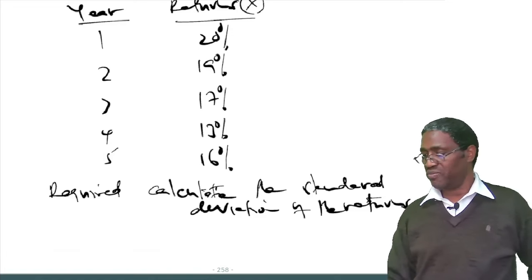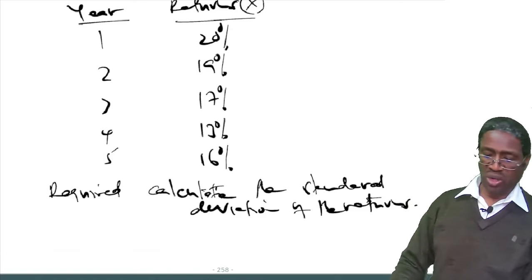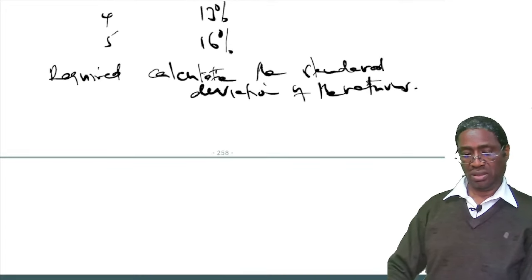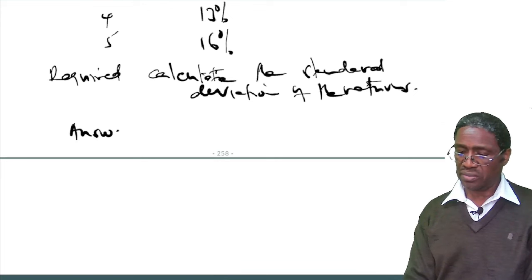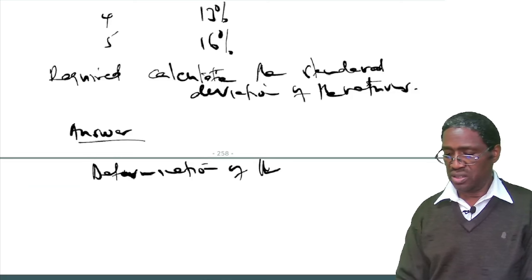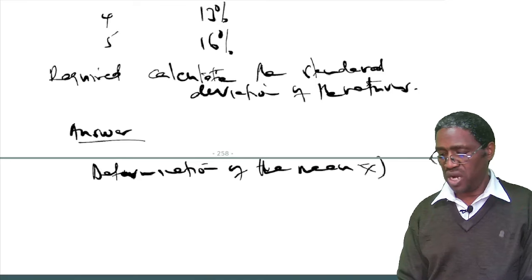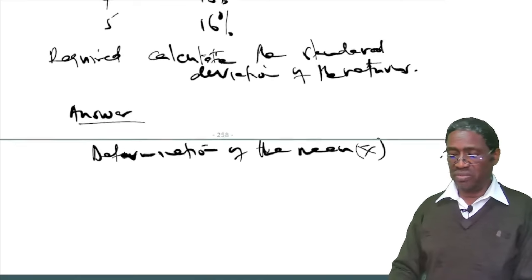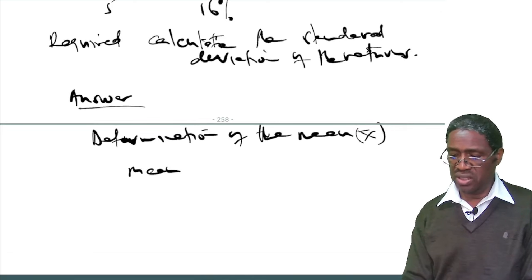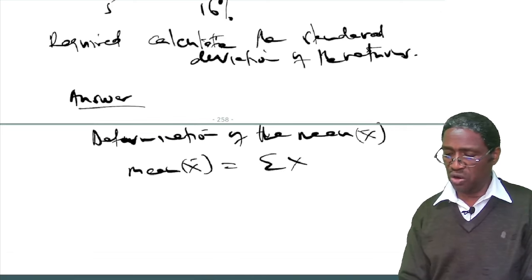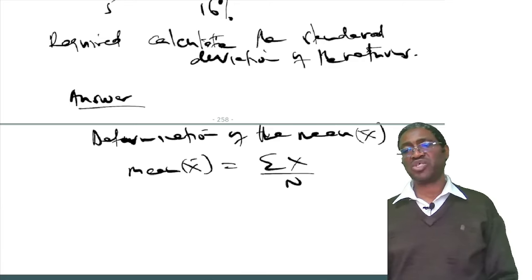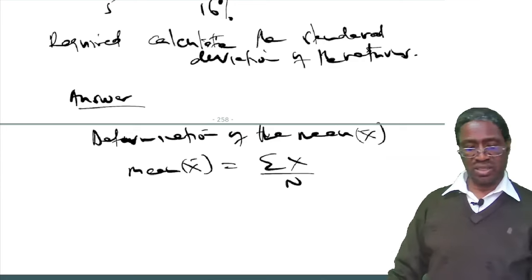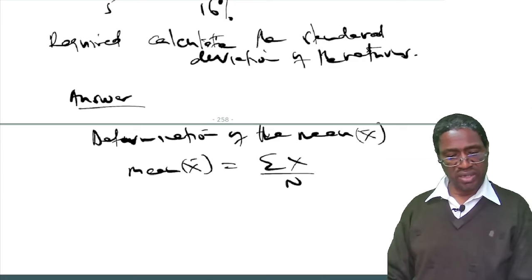Let's do the calculation for the mean first. Write there the answer: determination of the mean. X bar, the mean, is the summation of x divided by n. So let's get the mean.